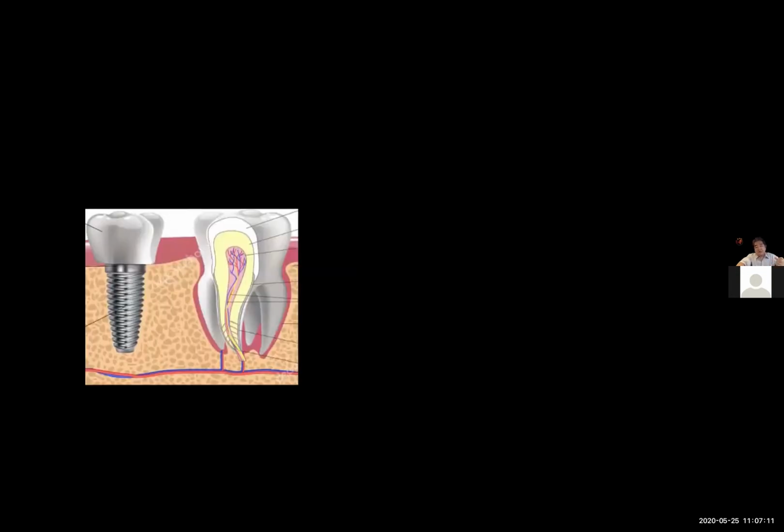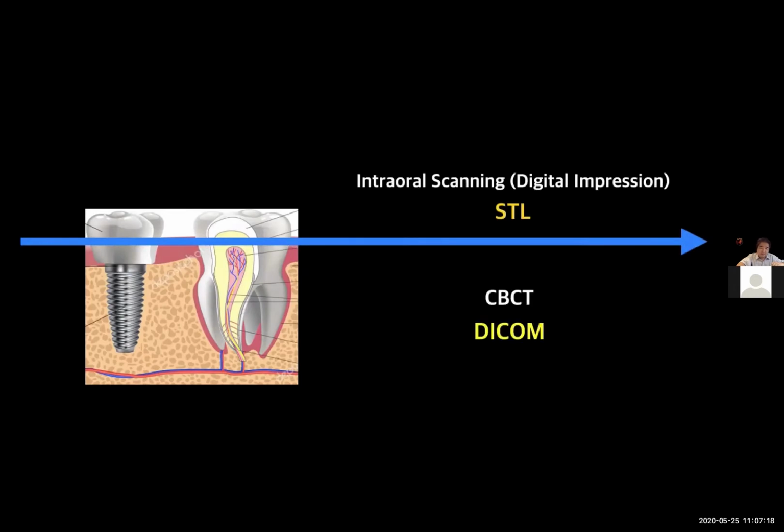Consequently, when I talk about STL and DICOM files, I can divide them like this. Everything above the oral mucosa is an STL file, the result of intraoral scanning. Below the oral mucosa is basically the CBCT result, the DICOM file.